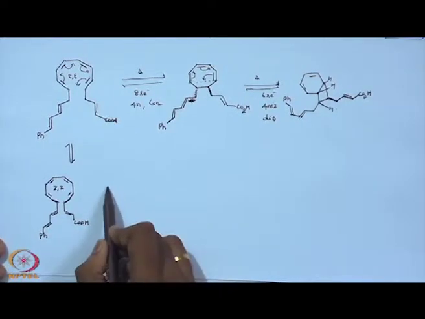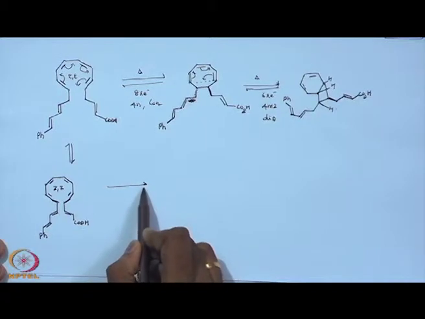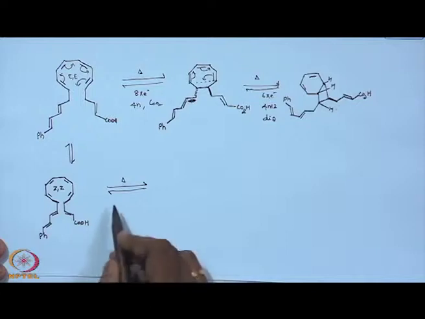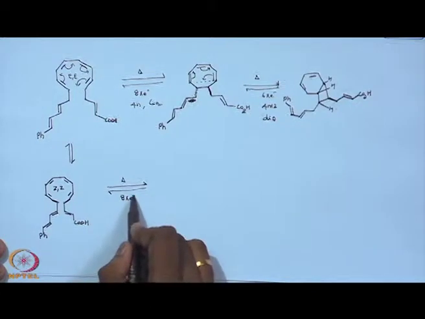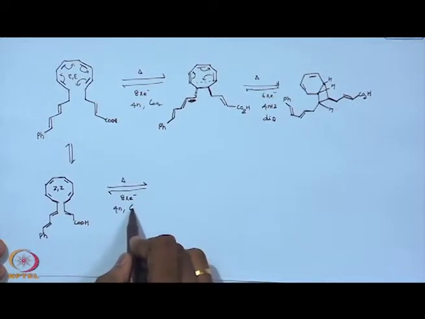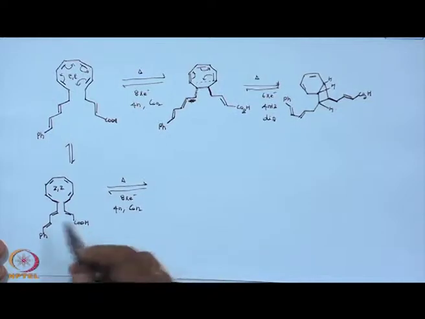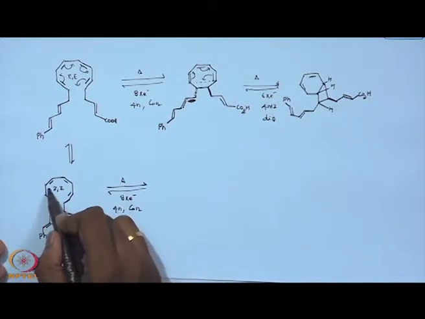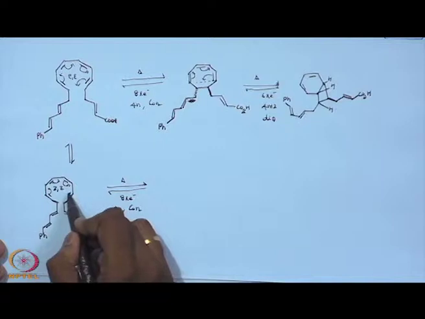Now again I say use the same conditions as earlier. Heating an 8 pi electron system, you can apply the same thing, 4n and conrotatory. So it should be a similar mechanism.